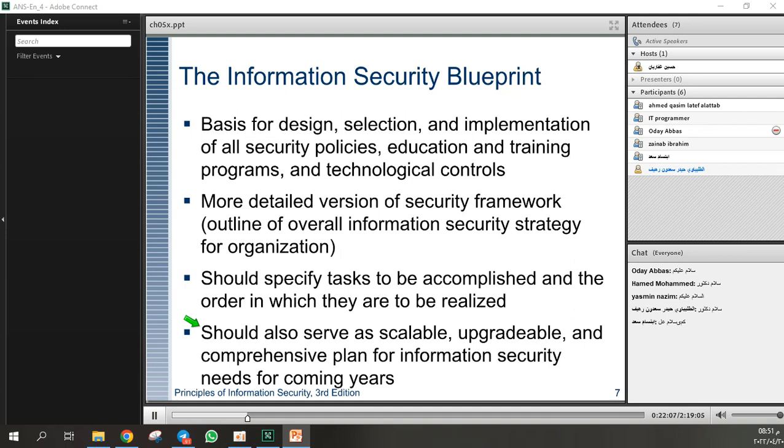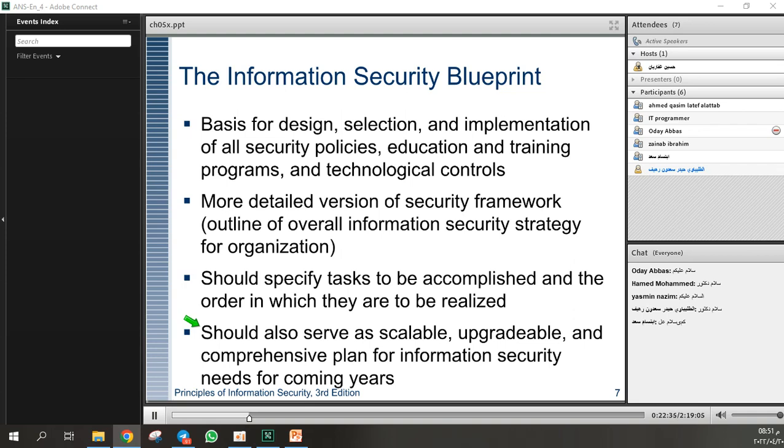What does it mean? It means that during the New Year, our blueprint must have the ability to grow. Why? Because my organization will grow over time.